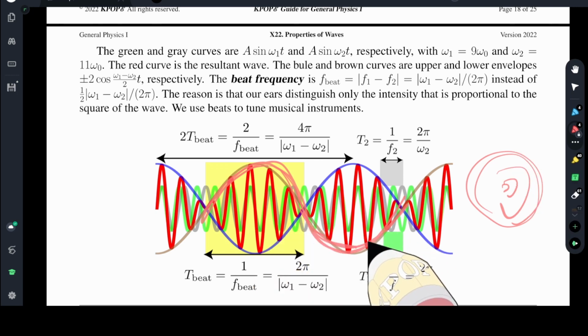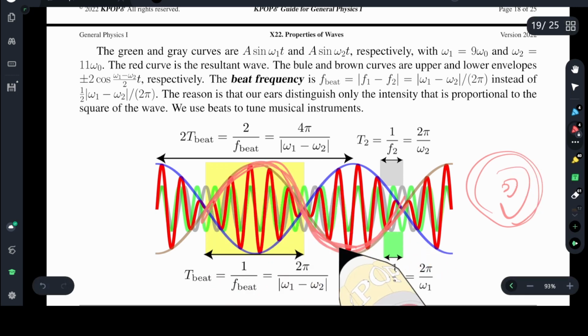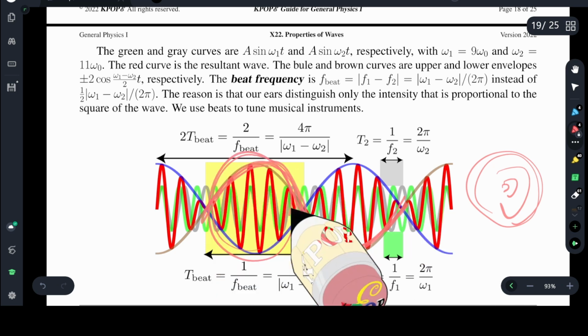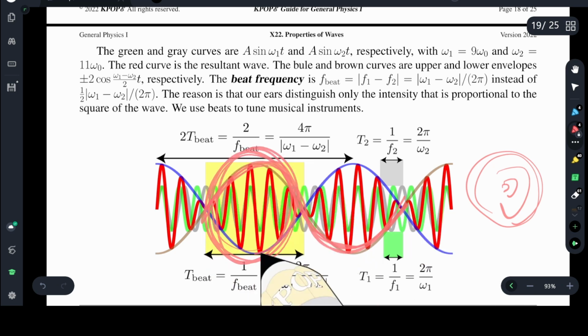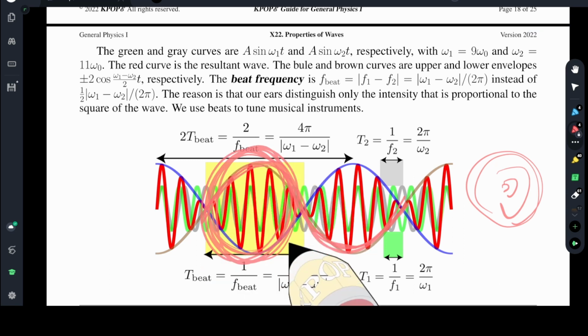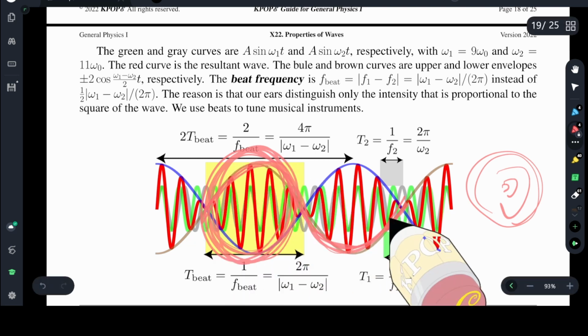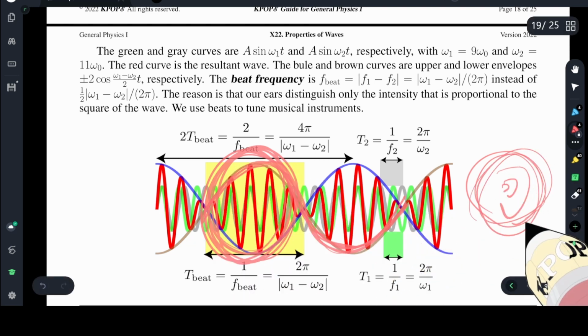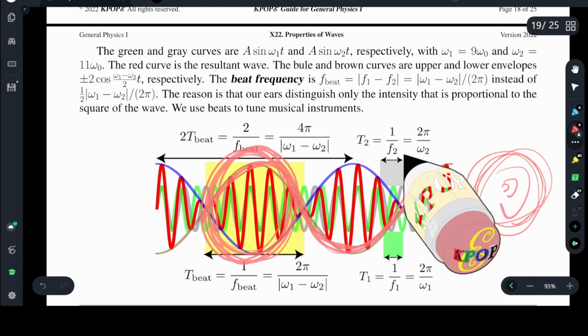So even though the actual period is this, our ear treats this as the actual period of the beat, just half of it. So the beat frequency is double in comparison with the actual frequency. That's because our ear does not distinguish the difference.